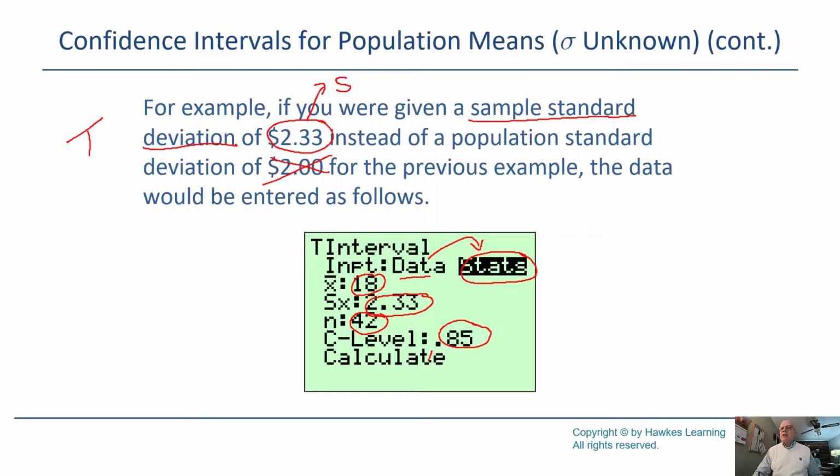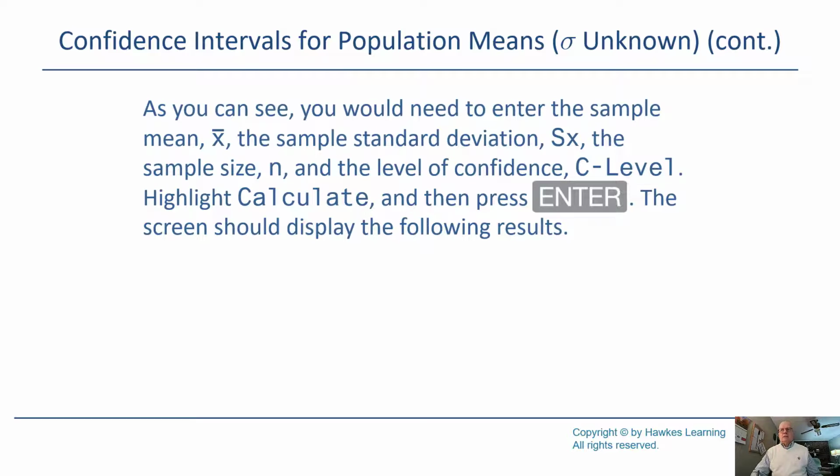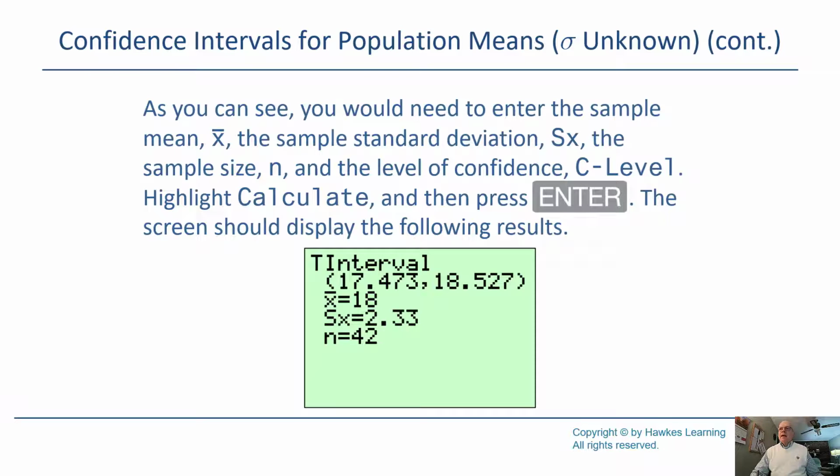Down to calculate, and then you'll hit enter. And this is what you should get. If you didn't get it, rewind a little bit, try it again until you get the 17.473, 18.527, or thereabouts.